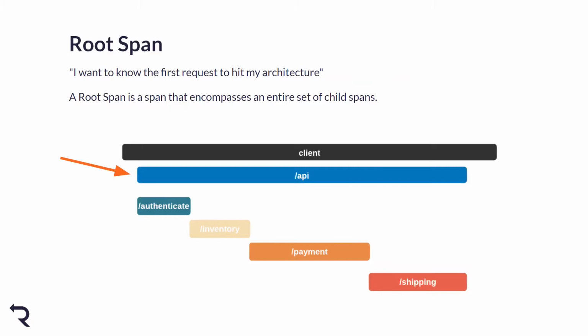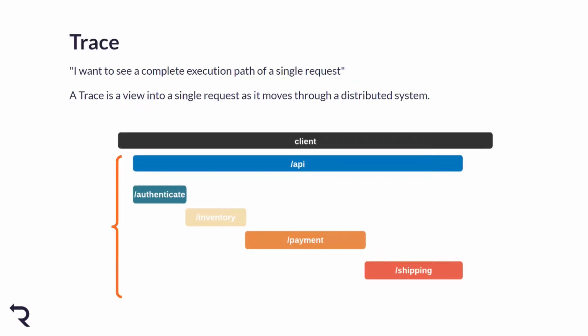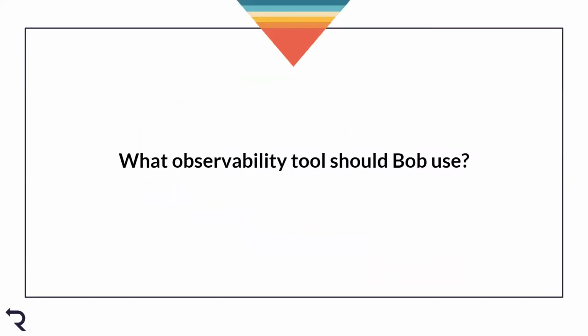Notice that the API span cannot finish until all of its child spans, especially the shipping span, have finished. This is the first request to hit your architecture. And then the trace, this is the combination of a root span and all of its child spans. It's the complete path of a single request. This is the waterfall chart that we saw in the span details card.